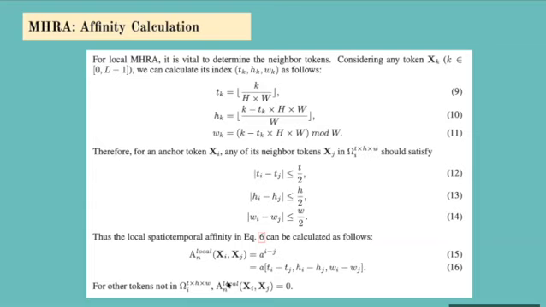If not, then the affinity value for that particular token would be 0. And for the rest of the tokens within this neighborhood omega I, equation 16 is how they subtract between the affinity of I and j. I think this is a learnable parameter for them.